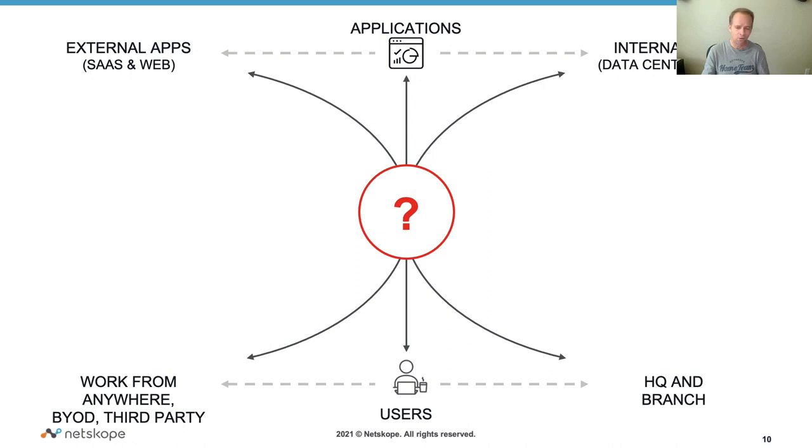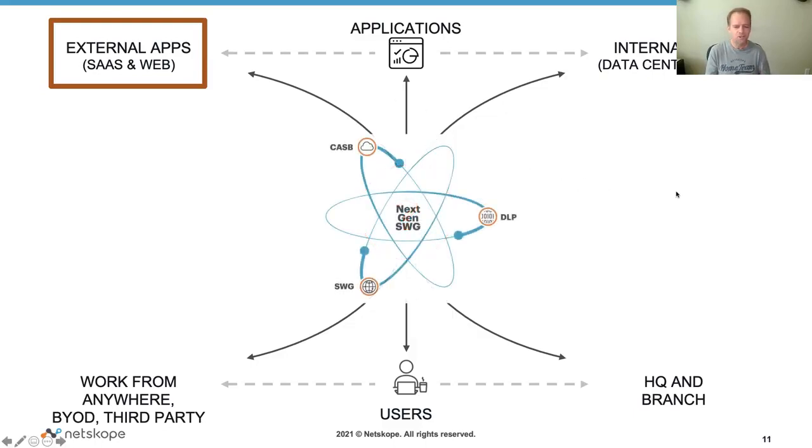So very simple. We start with a cloud-native architecture. Netskope was born in the cloud. So for those users at the bottom that need to access those public resources, such as cloud applications and websites, the foundation is what we call a next-gen secure web gateway.